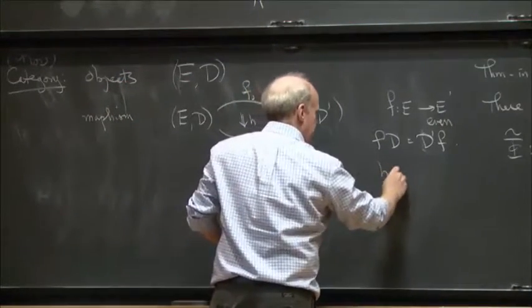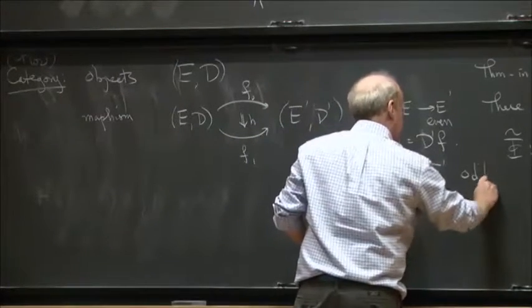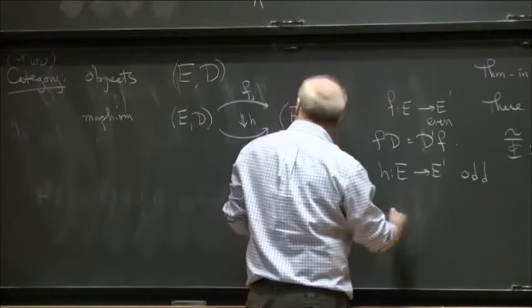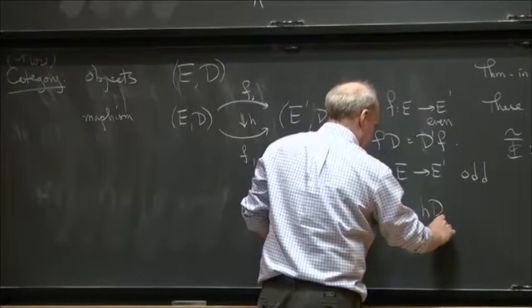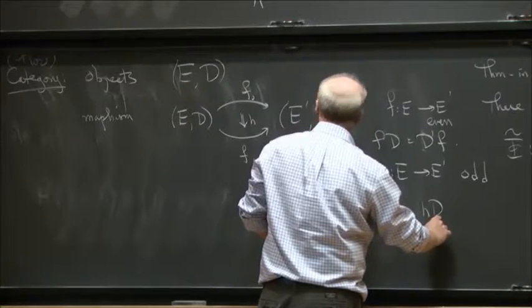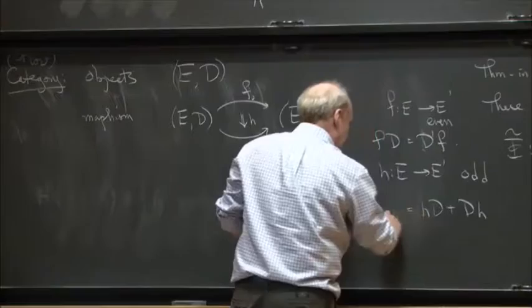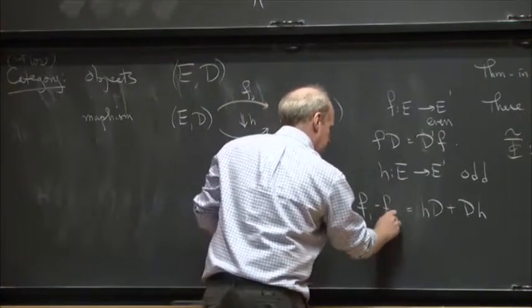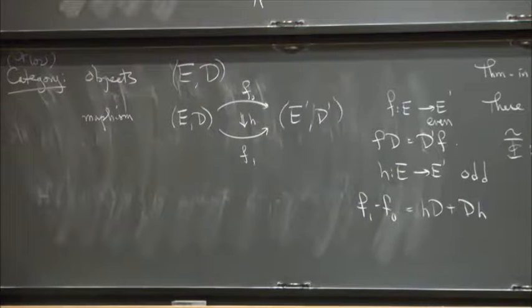is that H is an odd map now. And if I take the commutator of H in the right way, HD plus DH, I think, then this should be the difference between these. So it's just a Z2 graded version of the usual notion.